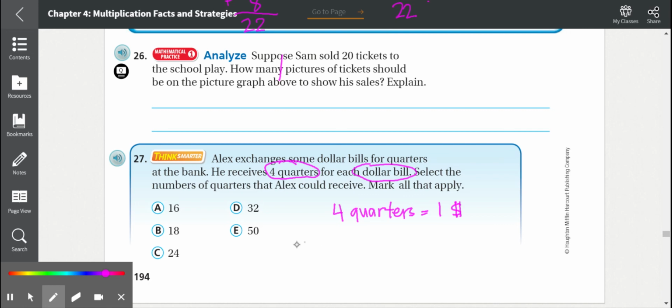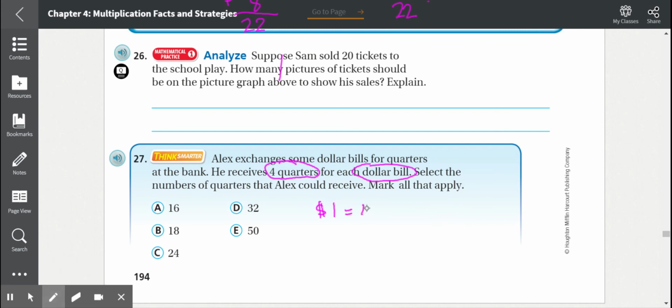But let's say he gives the cashier $1. That would be 4 quarters. If he gave the cashier $2, that would be 8 quarters. If he gave the cashier $3, that would be 12 quarters.